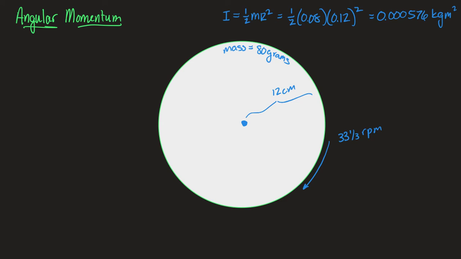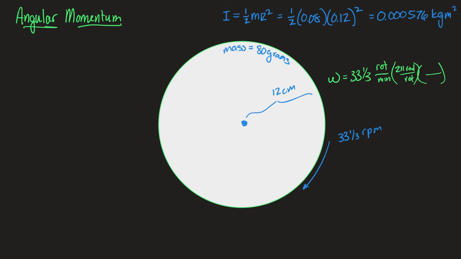Our rotational speed, 33 1/3 RPM. You need to convert that into radians per second. So 33 1/3 rotations per minute. If I want to do some conversion here, I'll need some unit multipliers. I want to get rid of the rotations, be left with radians.